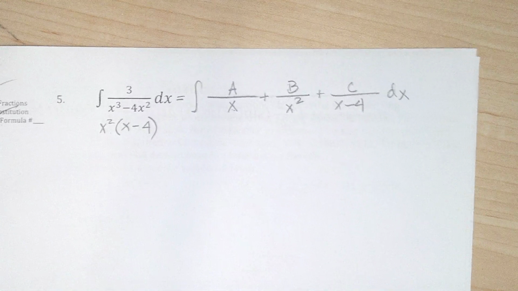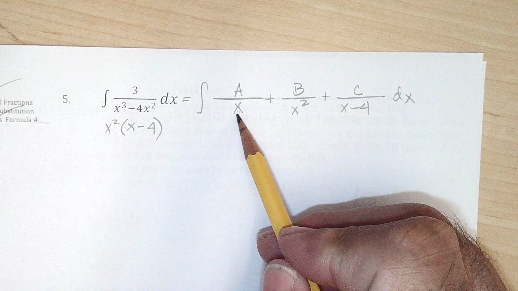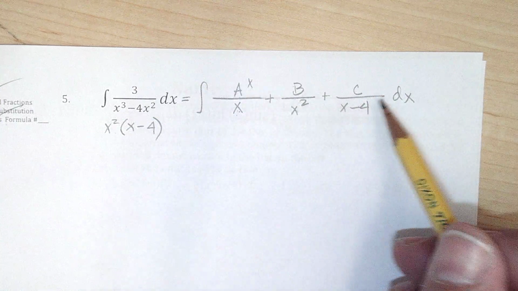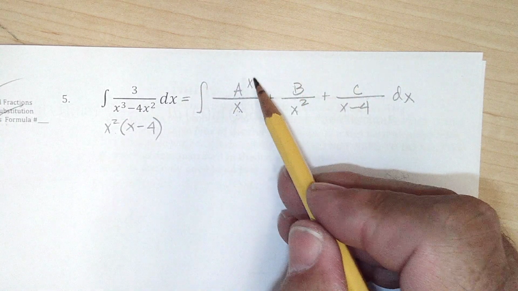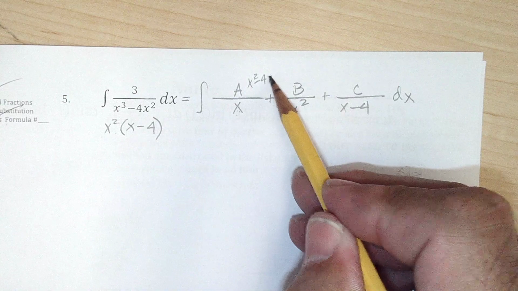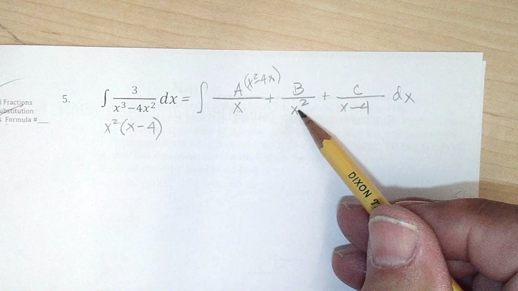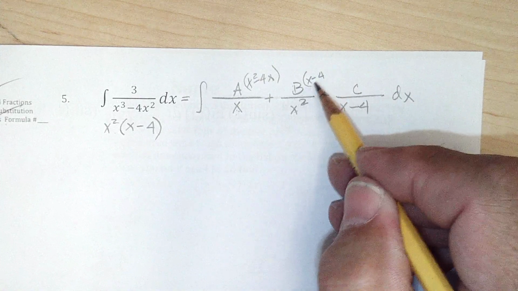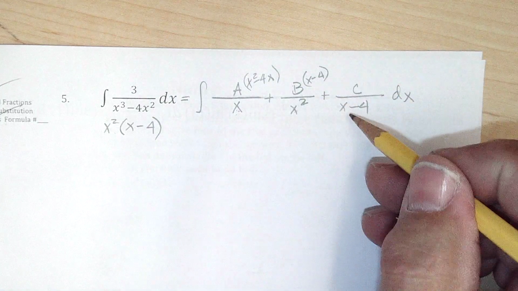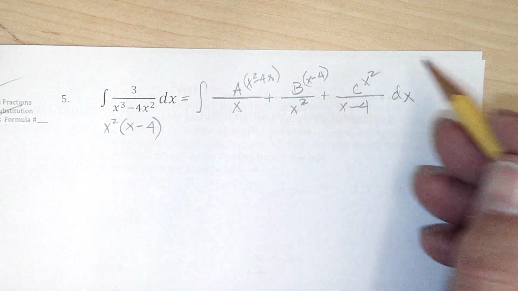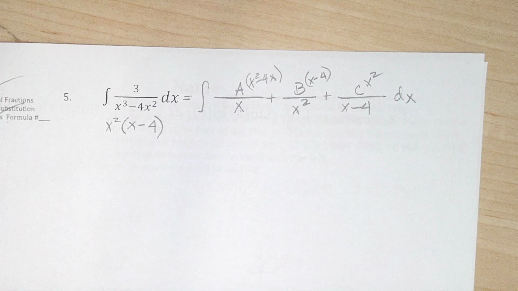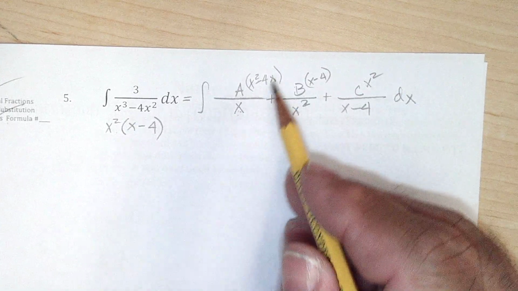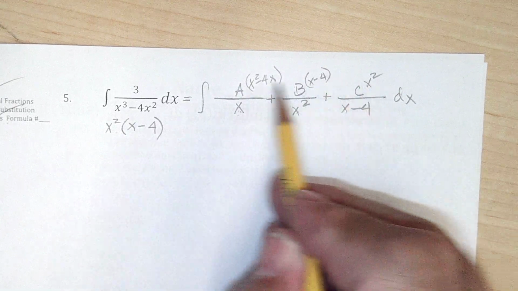To get a common denominator, this one needs an x and an x minus 4. So x times x minus 4 is x squared minus 4x. This one has an x squared, all it needs is an x minus 4. This one just needs an x squared. So we have some x squareds.